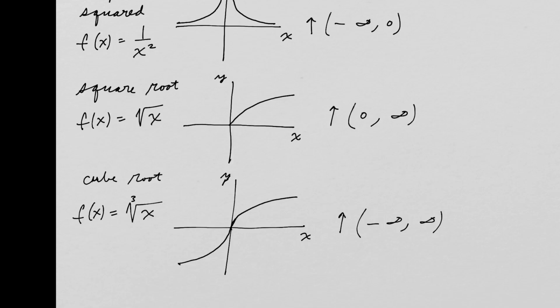Now, there's one last thing I want to mention, and it's what's called absolute maxima and minima, or some people call them global maximums and minimums.